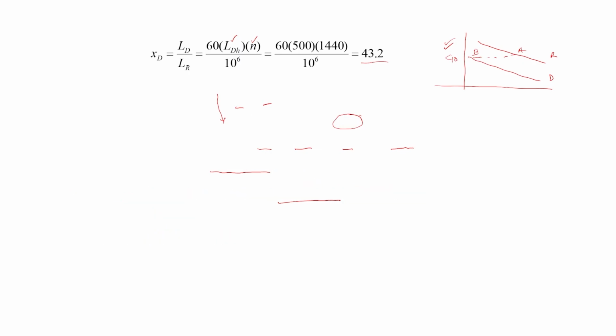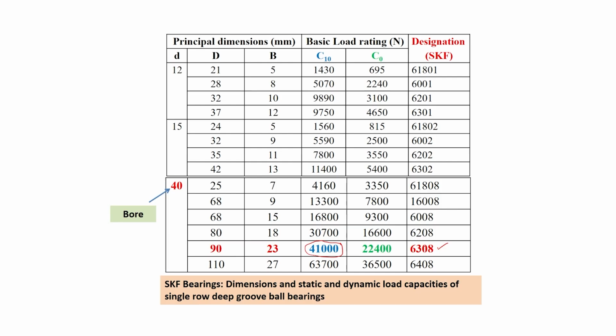What we have done is, let us see here, this we had selected, and for that case the required dynamic load is more than the dynamic load of the selected bearing, and so we will move to the next bigger one. The next bigger one is 6408, and for that the dynamic load rating is 63,700.